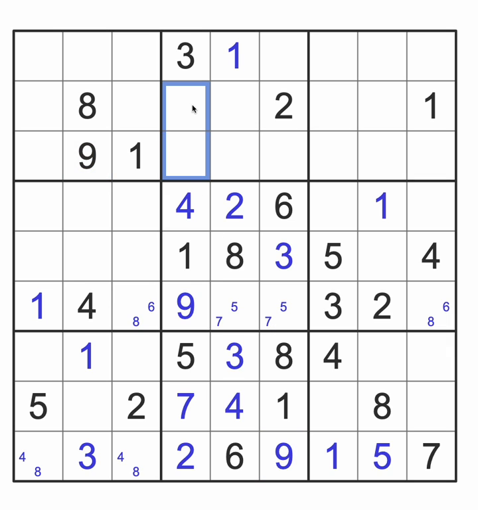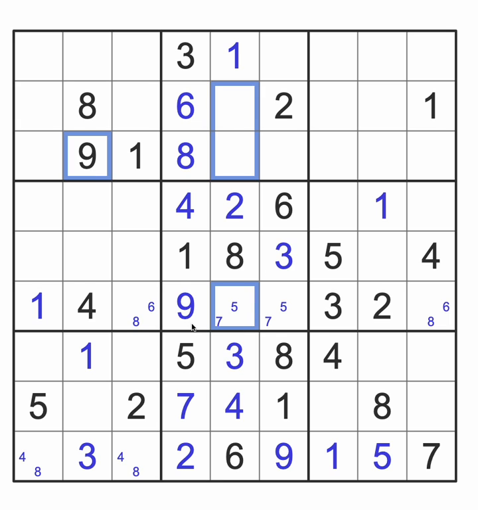And this would be a 6 8 double. 8 here makes this cell 6, and this would be 8. And column 5 is missing 5, 7, 9. And 9 here, 9 here, block these. Gives me 9 here.